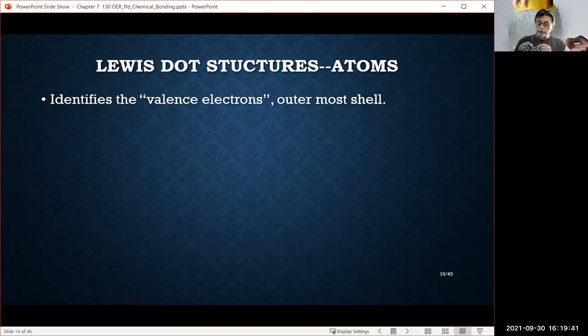And then further down the road, you're going to learn that the covalent compounds, they themselves are subclassified as either what we call polar or non-polar. Another way of saying that is, do they have water-like properties versus oil-like properties? And that affects a lot of the solubility of material and so forth.